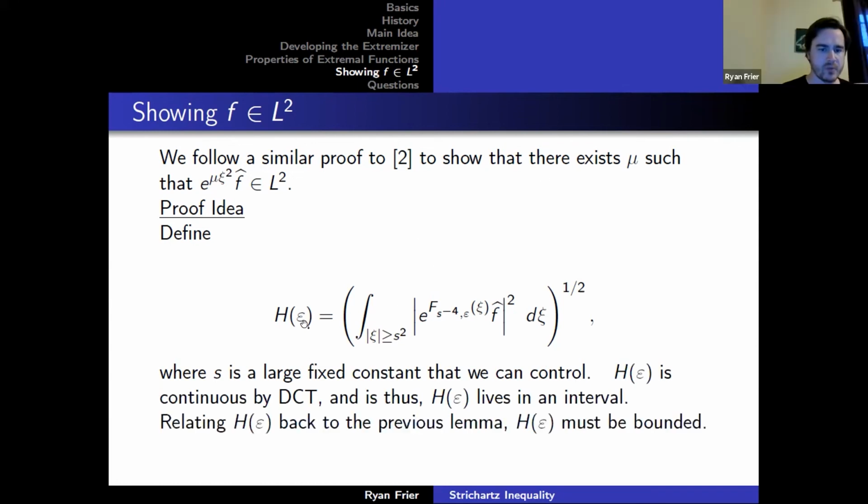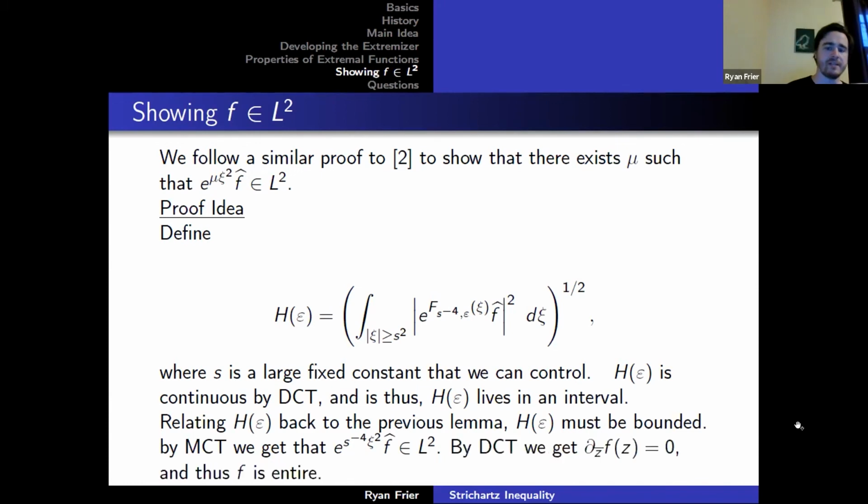If we go back to the previous lemma, that means it must be bounded. So by monotone convergence, this is going to be an L2 function. Then by dominated convergence, I use the Fourier inverse, take the derivative with respect to z bar, which ends up being 0, and so it's entire.